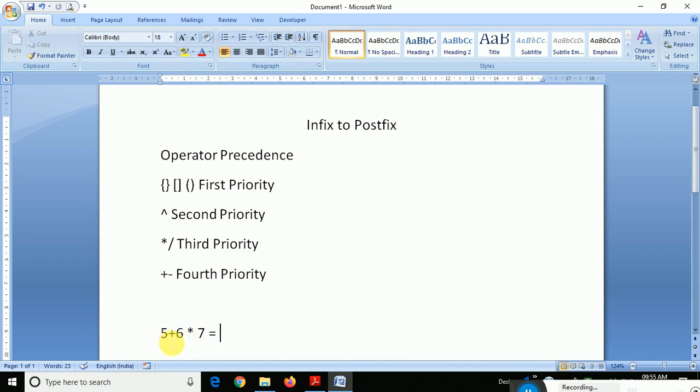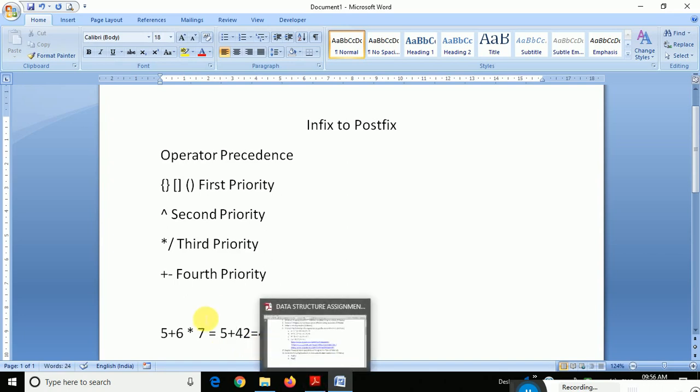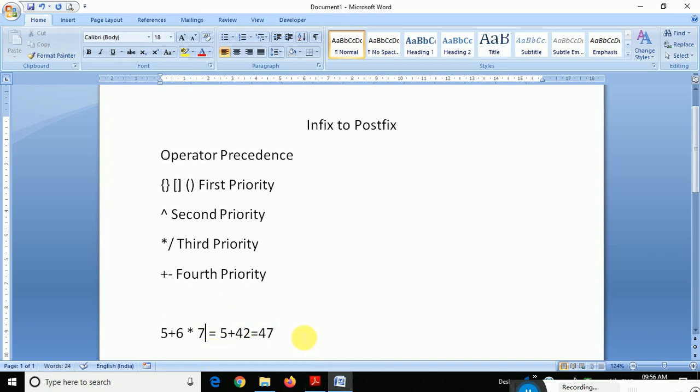Then plus is the second priority, so 42 plus 5 is 47. Like this we have to consider the priorities. So you understood operator precedence.